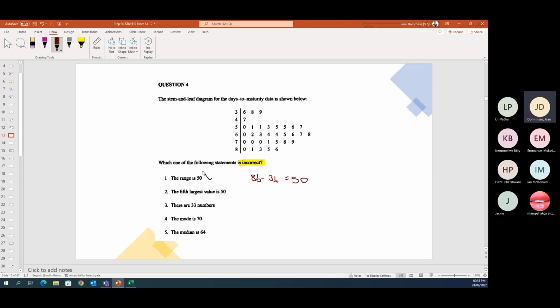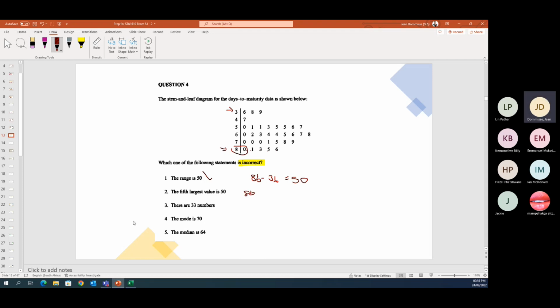So the range is correct. The fifth largest number. Okay, remember, small starts here, large starts here. So the fifth largest: 1, 2, 3, 4, 5. The fifth largest number is 80.